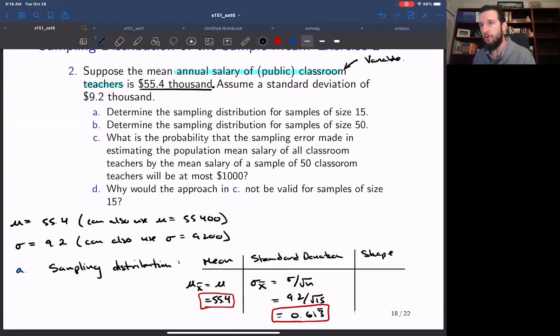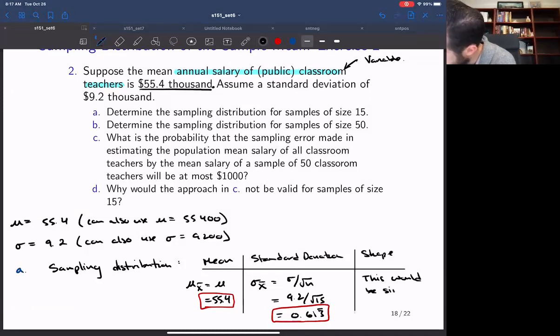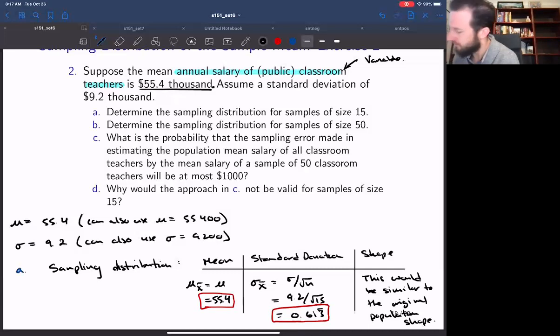So without knowing the original shape, all we can say for sure is this would be similar to the original population shape.